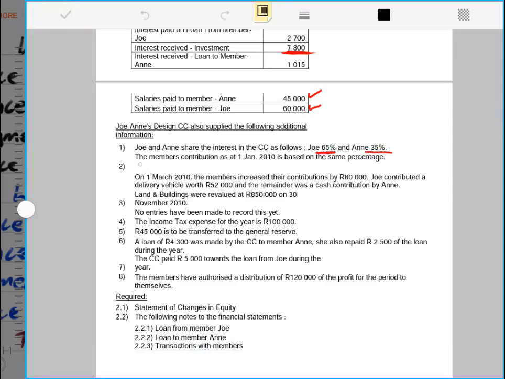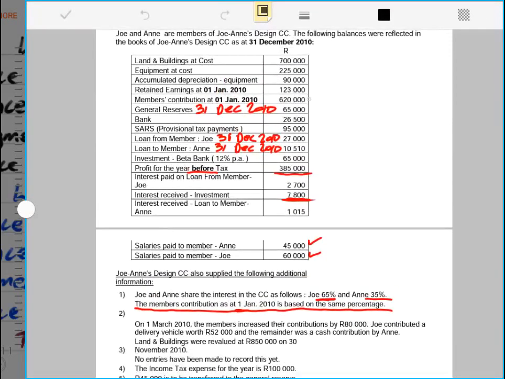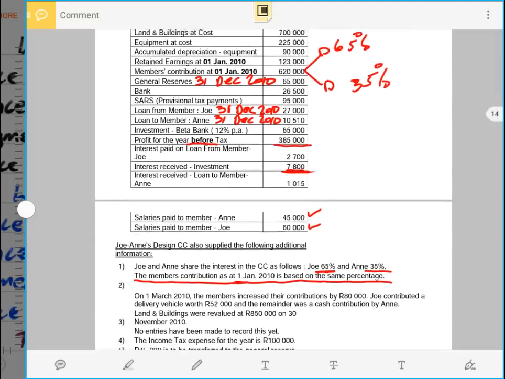They further say that the members' contribution on the 1st of January 2010 is based on the same percentage, which tells us that the amount of 620,000 rands that we see in the trial balance must be shared in the ratio of 65% and 35%. So when we share that, we have to split according to the members' interest.